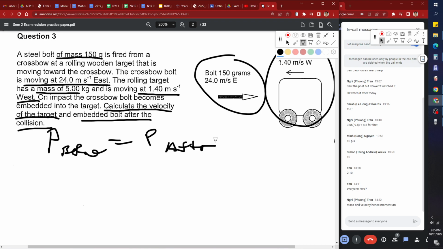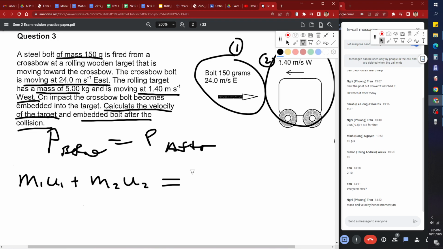So how would you do this? What is the momentum of the bolt? Well, again, it's mass of the bolt. We'll say it's 1, and we'll say the target's 2, times the starting velocity of it, plus the momentum of the target, which is the second one, and its initial velocity. See? We're adding them together. That's their total momentum. And it's going to equal the same momentum afterwards.